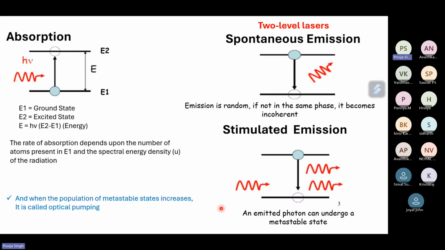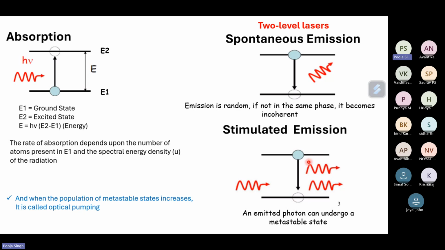Also, this stimulated emission depends upon how many electrons are present in your excited energy state. If the number of electrons is lower than in the ground state, then the laser will not be produced. Why? Because of what we call population inversion, which we will study.